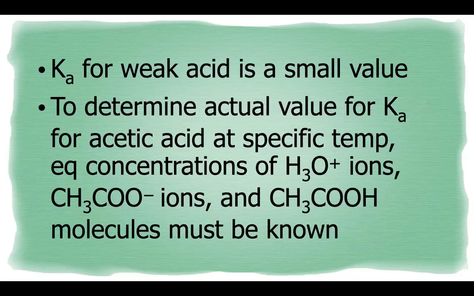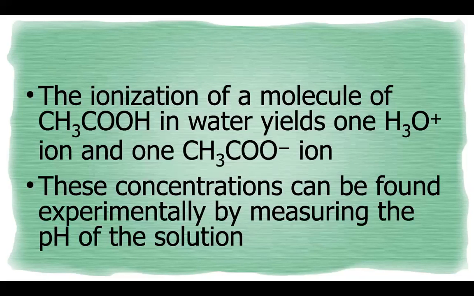So to determine the actual value for Ka for acetic acid at a specific temperature, the equilibrium concentrations of the hydronium, the acetate, and the acetic acid must be known. The ionization of a molecule of acetic acid in water yields 1 hydronium ion and 1 acetate ion.